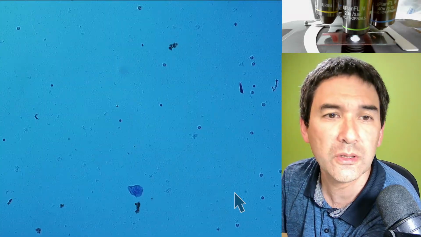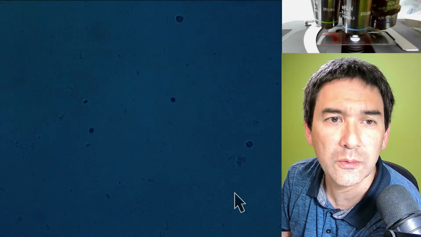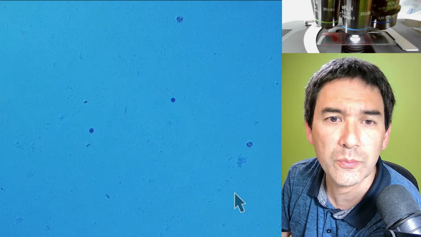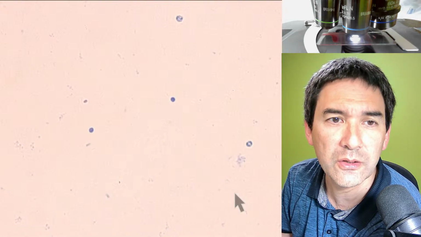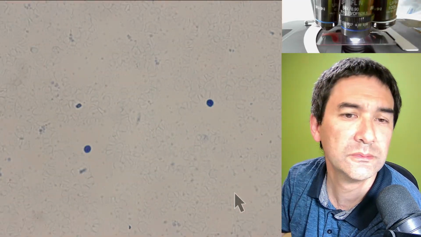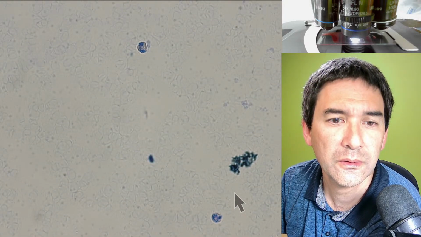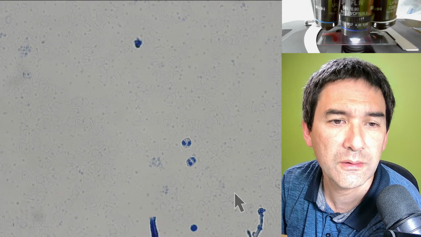Let's go up with the magnification a little bit, and open the condenser a little bit. Let's remove this here. Let's go again into bright field. And 60 times, yep.